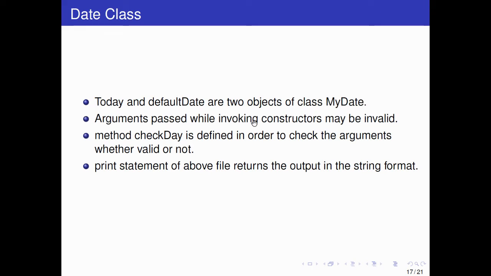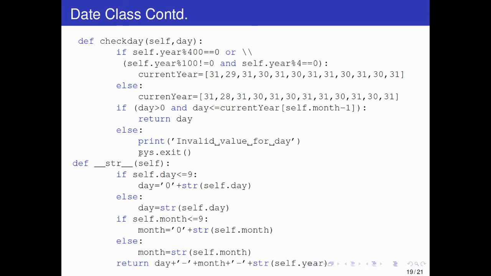Arguments passed while invoking constructors may be invalid. So the method check day is defined in order to check whether the argument is valid or not.